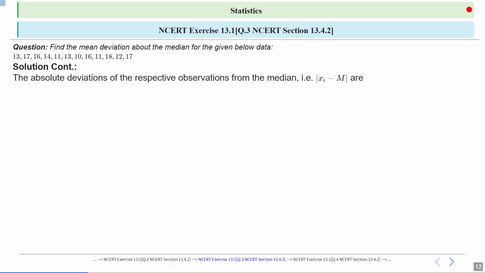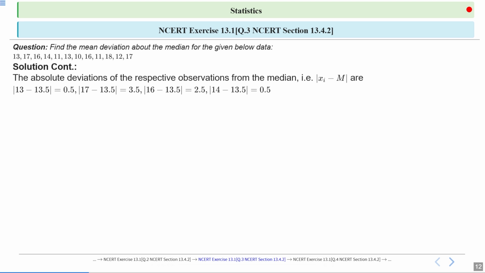Now let's find the absolute deviations of each observation from the median. So the absolute value of 13 minus 13.5 is 0.5. Absolute value of 17 minus 13.5 is 3.5.